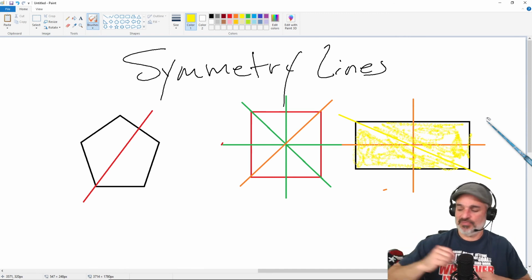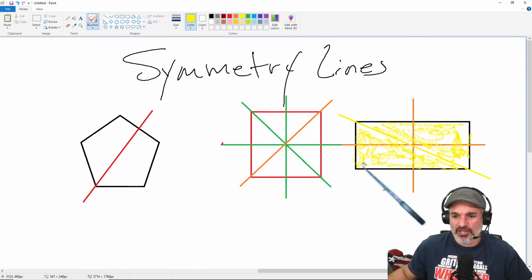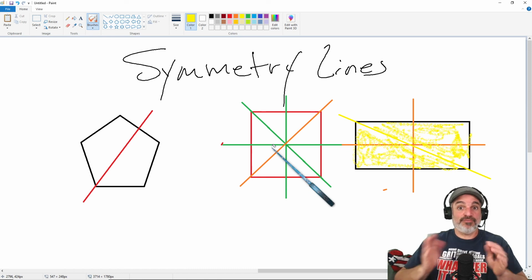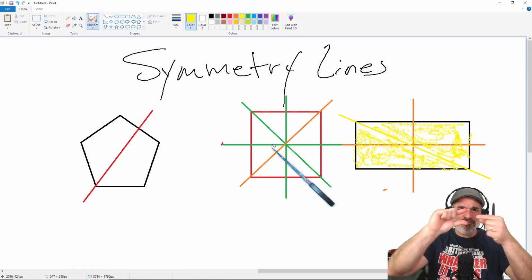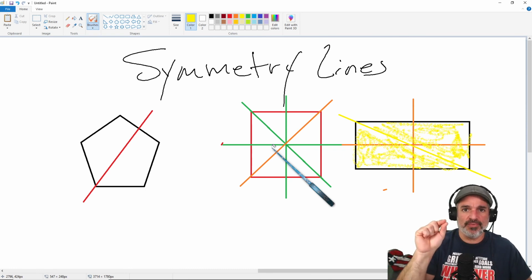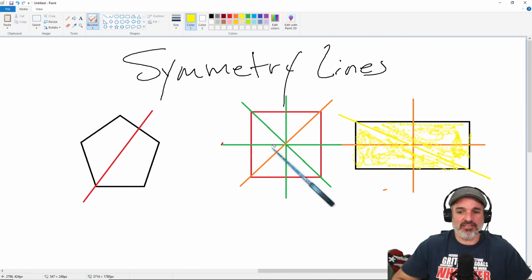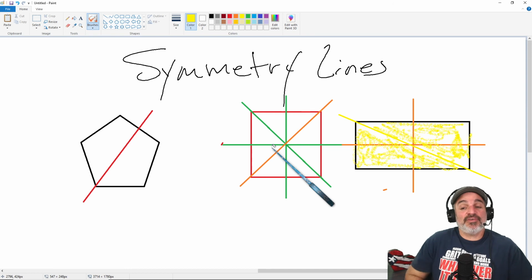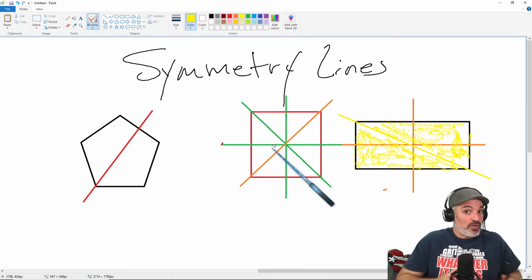This angle here, when you fold it, it's going to end up here, and this angle is going to end up here. Whereas in the square, when you fold through those lines, everything fits in each corner. It's like you don't have anything out of place. So it is very important to understand the difference between a square and a rectangle.